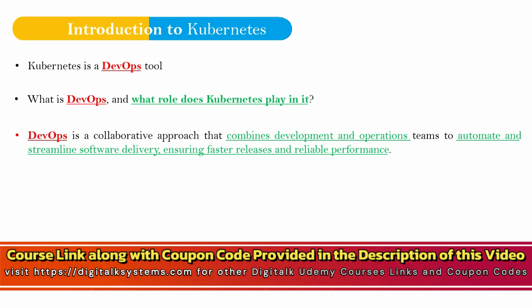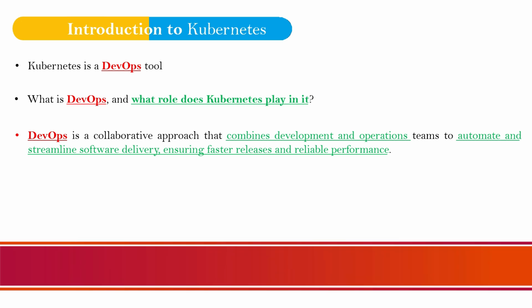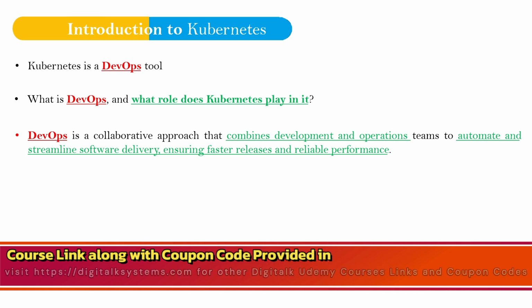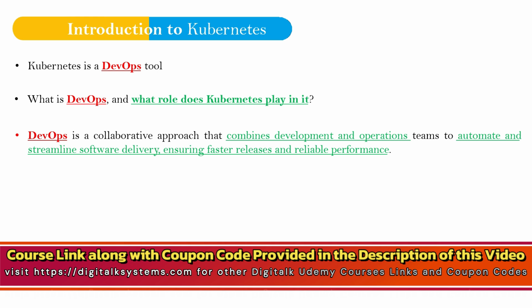So once that is done, it has to move to the testing environment, and when it is tested properly, then it goes to the production environment. So there is a long chain in the software development life cycle, from the development phase till it goes into operations. Now, DevOps is a technology which automates and streamlines software delivery, ensuring faster release and reliable performance.